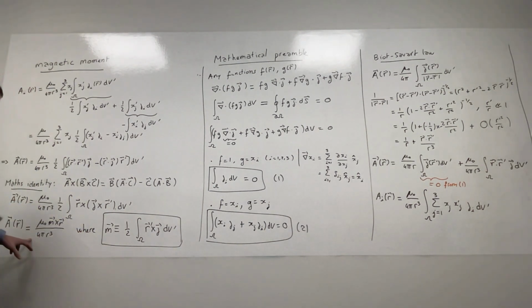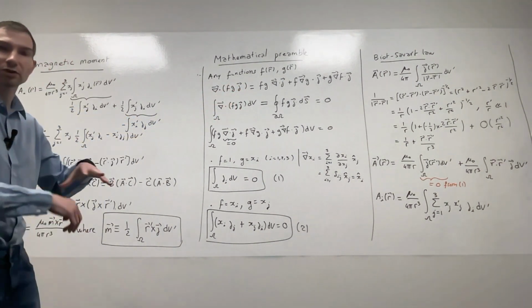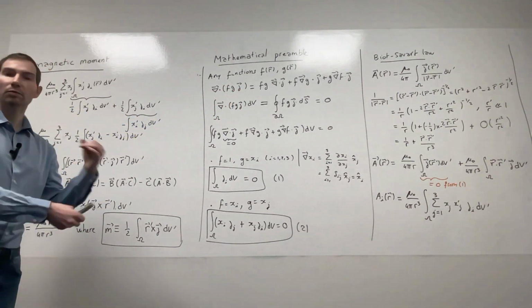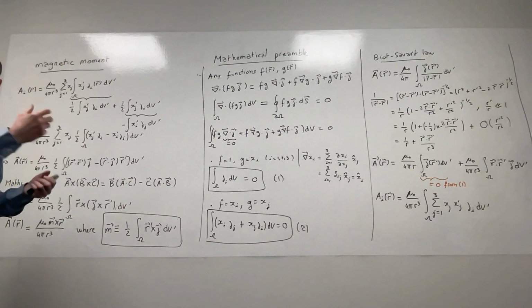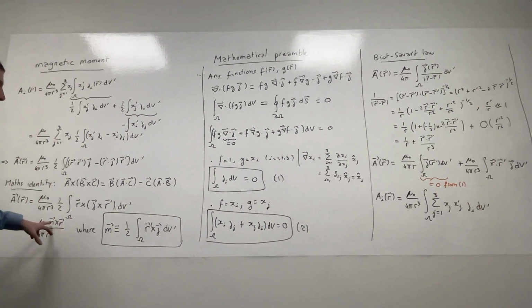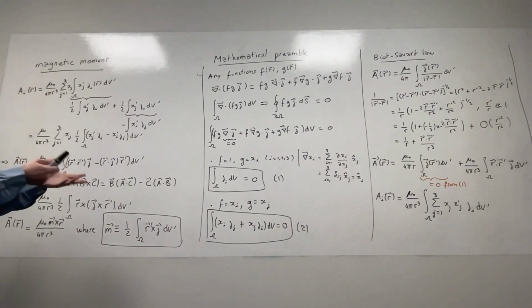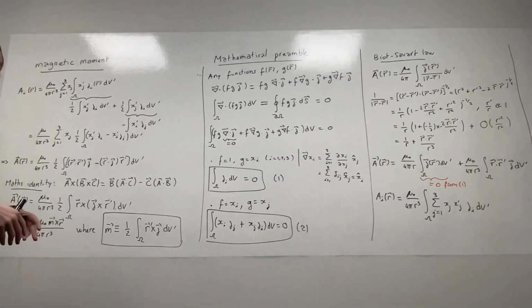The expression, as you can see, is very much simpler than this whole integral that seems to depend on all possible details of J. Here, we just need to know, or somebody gives us or calculates, this particular quantity, and then it's a single vector. So you need to understand that here we've got a single vector with three components, as opposed to an actual field that is defined everywhere over infinitely many points that we need to integrate over.